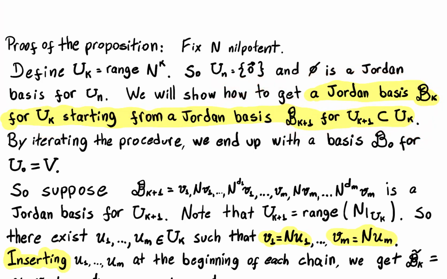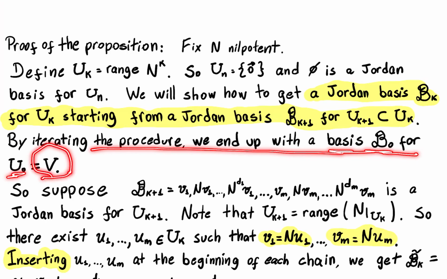That's the strategy, and that's what we're going to do. And if we can show this step, then by backwards induction, we can just go down, down, down, until in the end we have a Jordan basis B_0 for the space U_0. But, well, what is U_0? U_0 is just V, so we're finished. So our work will be how to go from B_{k+1} to B_k.